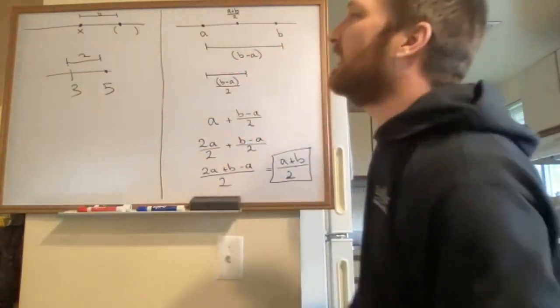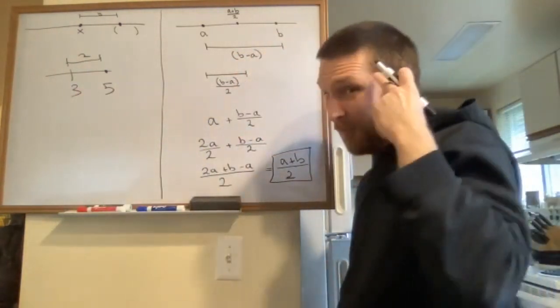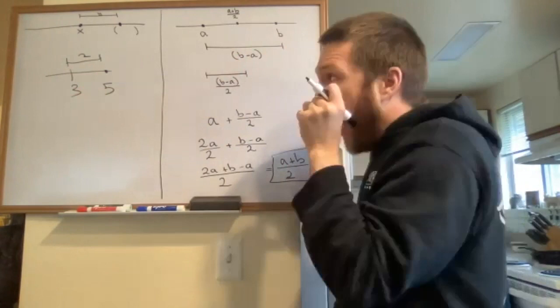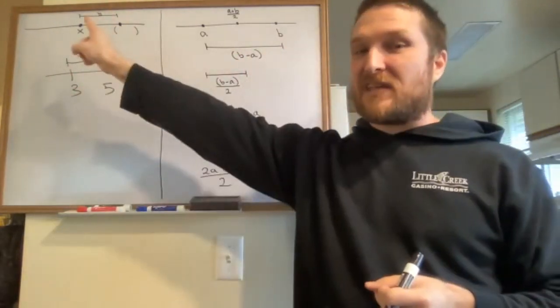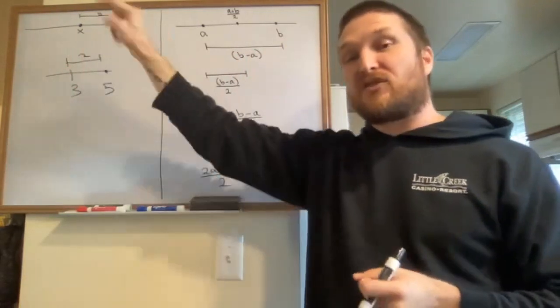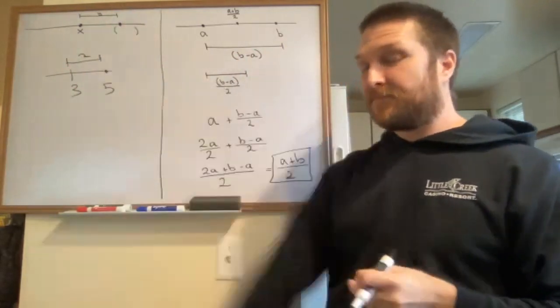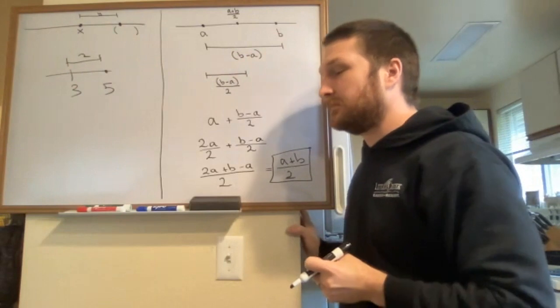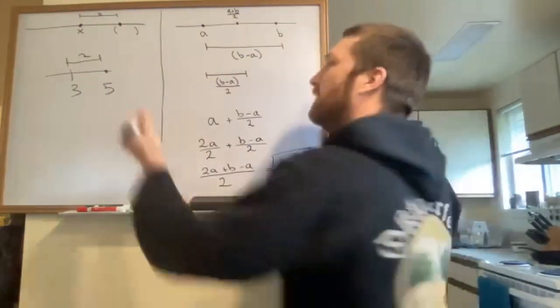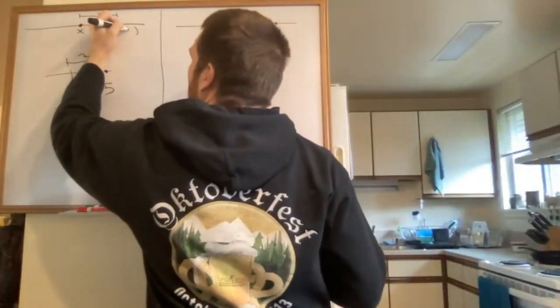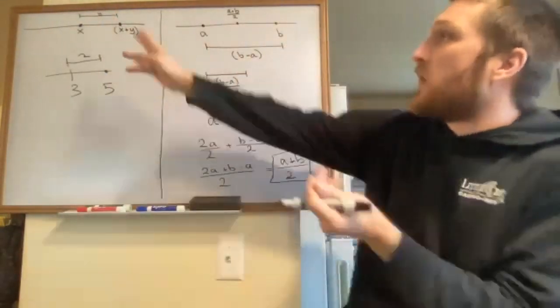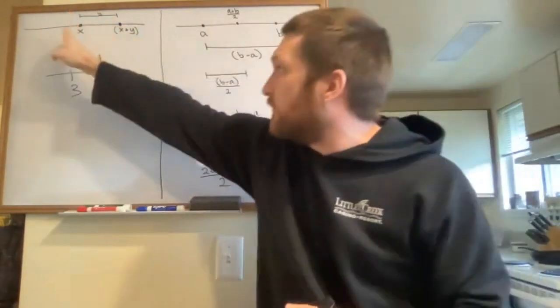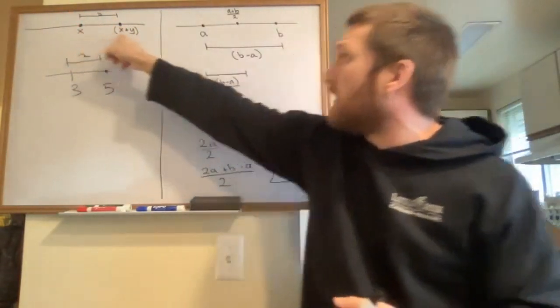How could you calculate that? 3 plus 2. So if you're at x and you go to the right y units, you're at x plus y. That's where that is. You're at x and you go plus y.